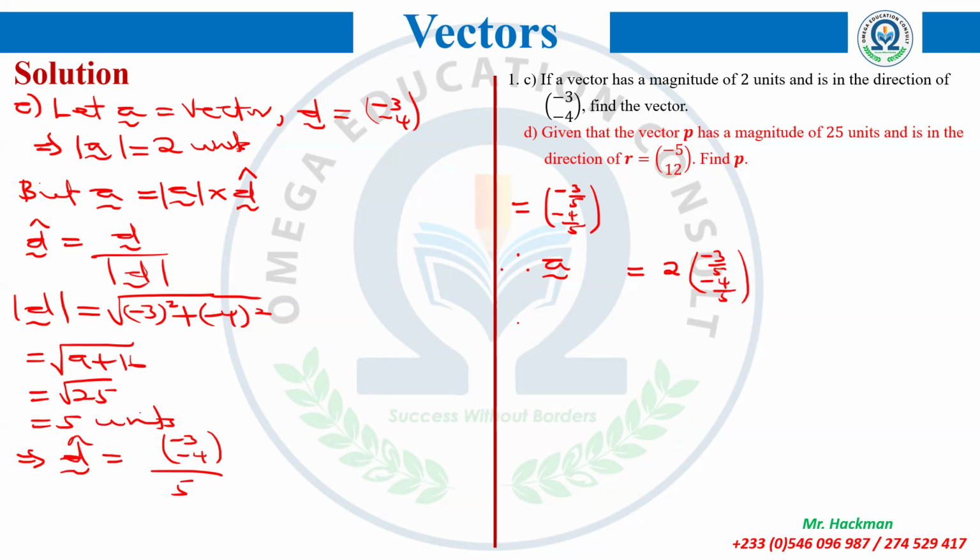So in effect, we get our result to be -6 on 5, then -8 on 5.